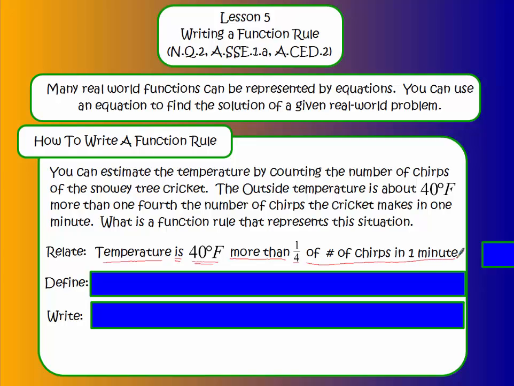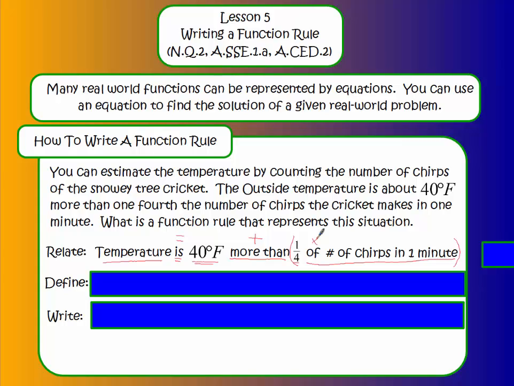"Is" usually represents equals. "More than" is going to be plus. So we're going to have 40 degrees Fahrenheit plus 1/4 of the chirps in 1 minute. "Of" means multiply. So 1/4 times the number of chirps in 1 minute.